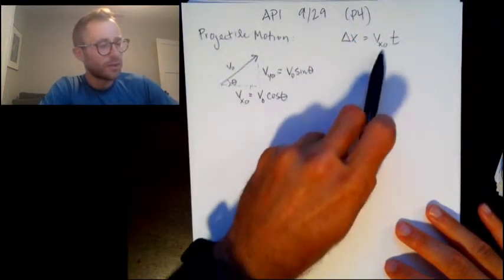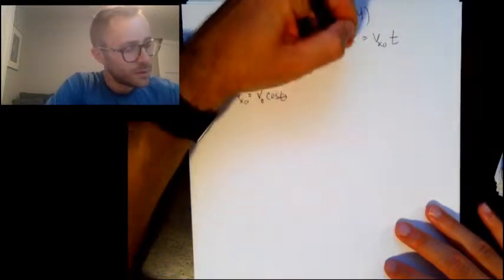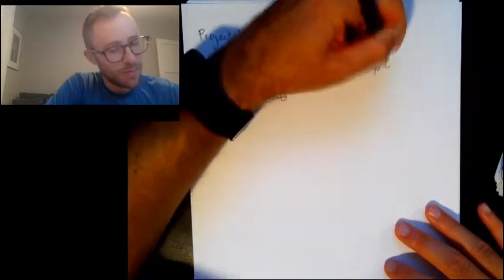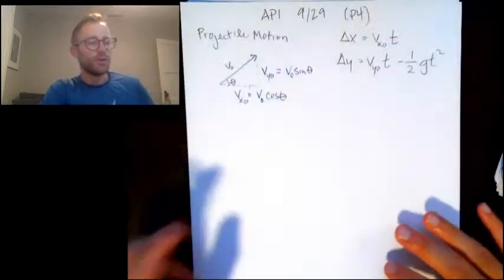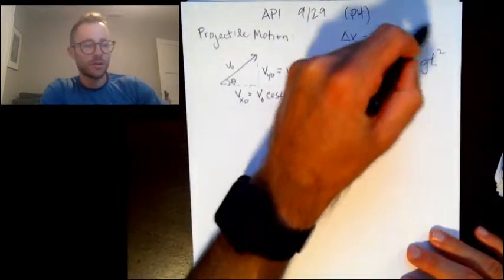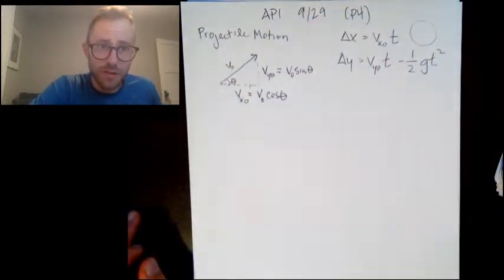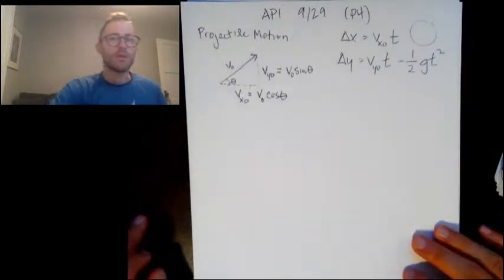So Vx naught is calculated from this formula. And then delta y equals Vy naught times time, minus 1/2 g t squared. Notice how there is no acceleration term in the delta x equation because gravity accelerates things vertically, not horizontally.